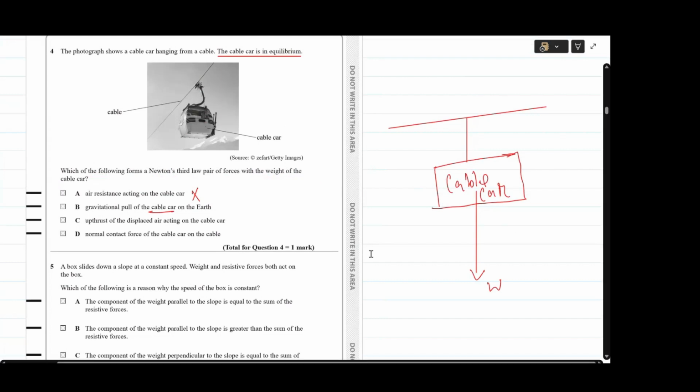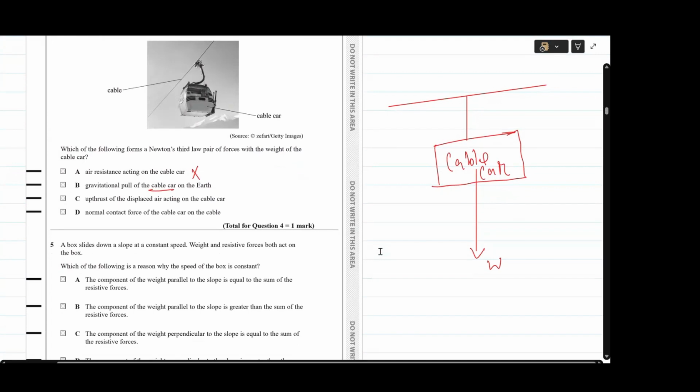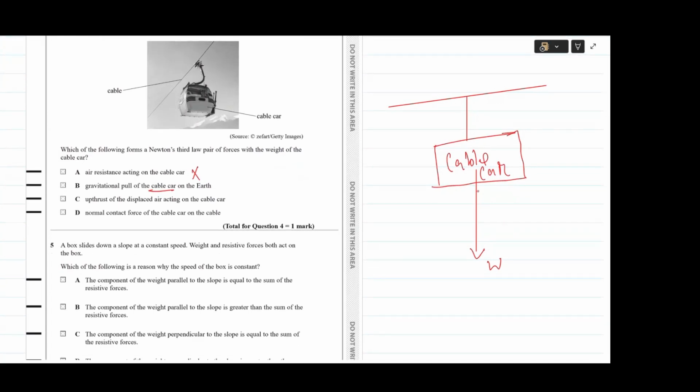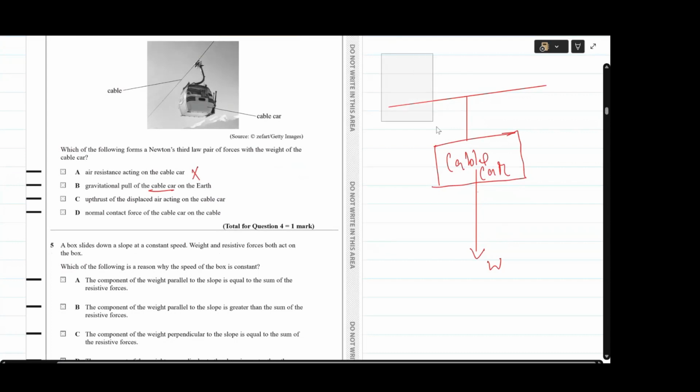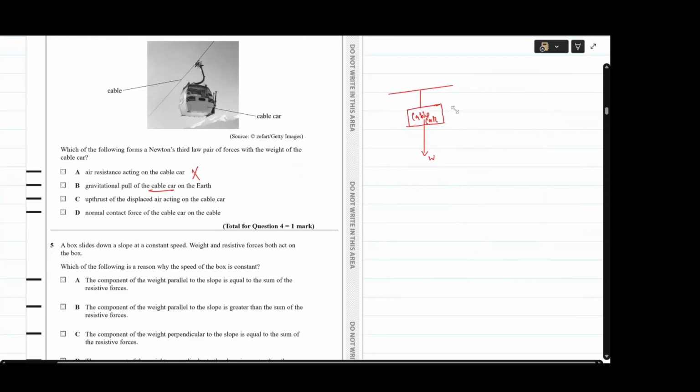So they are basically saying that there is a gravitational pull of the cable car on Earth. If we make this diagram a little bit smaller, now all of this is happening where, guys? On Earth, right?